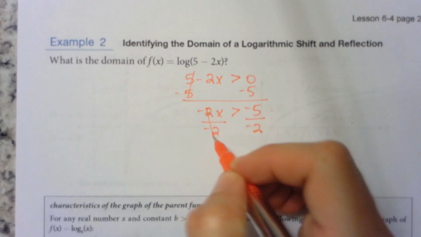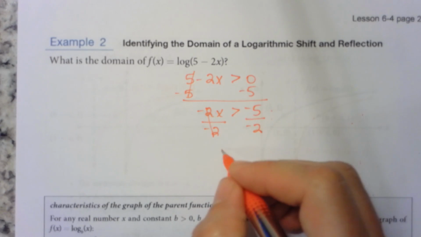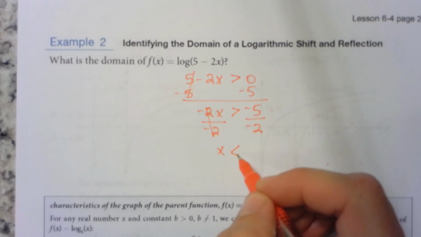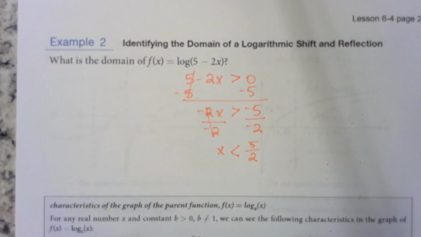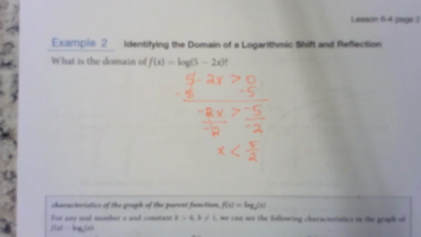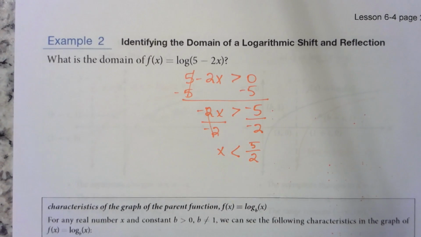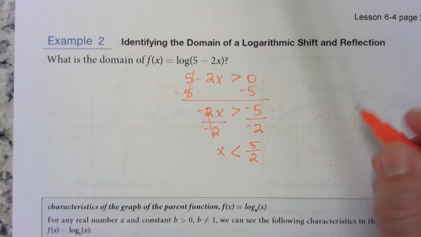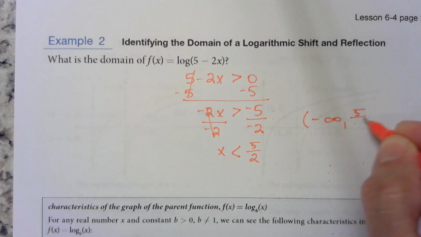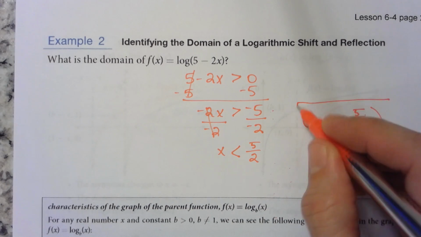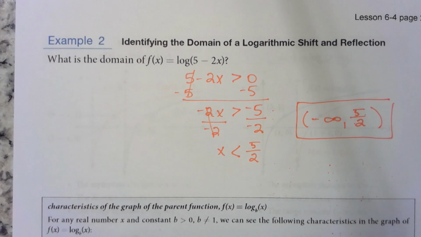When you divide by a negative in an inequality, remember you have to flip the inequality sign. And that's just going to be 5 halves. In interval notation, that would be negative infinity to 5 halves, not including 5 halves.